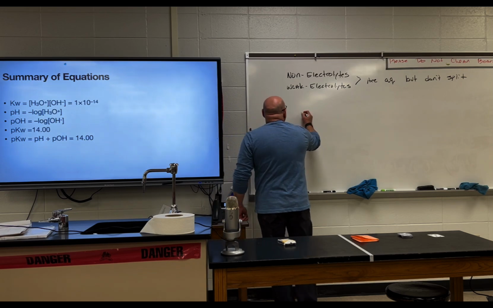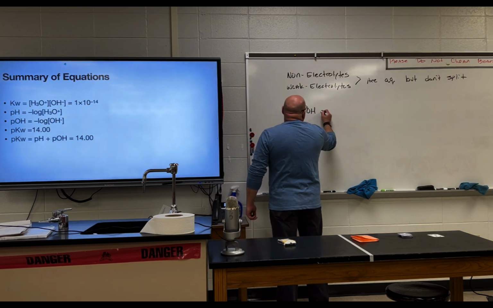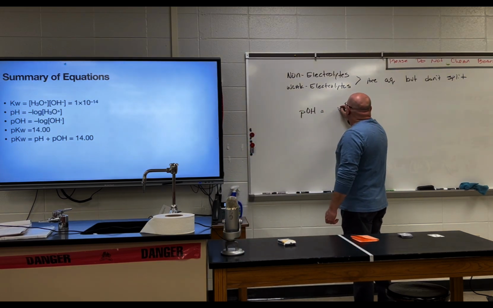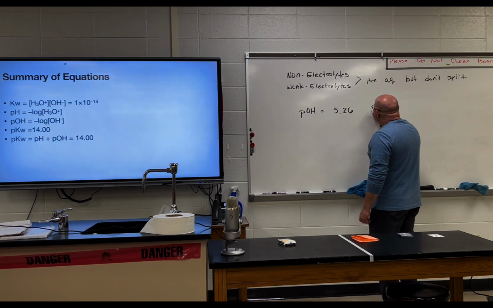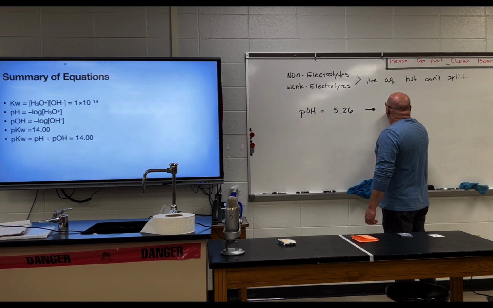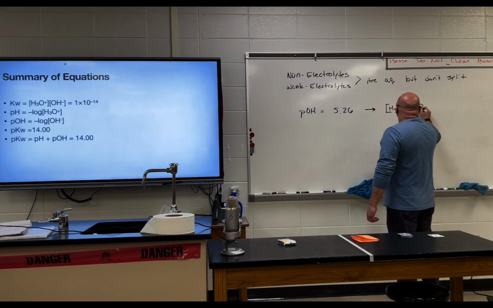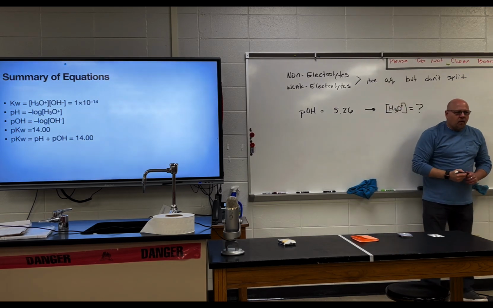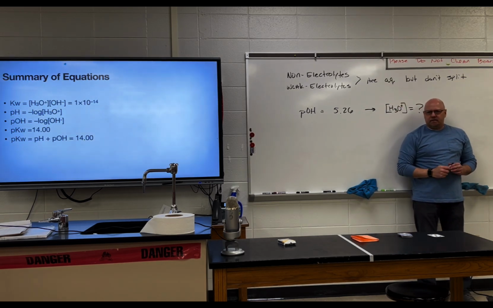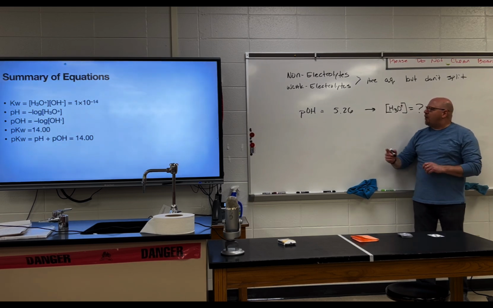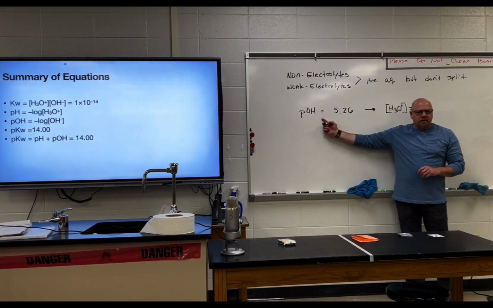Well, let's say I had a pOH equal to 5.26, and I wanted to know what is the concentration of the hydronium. We have different pathways. Probably the easiest would be to do what to this first?